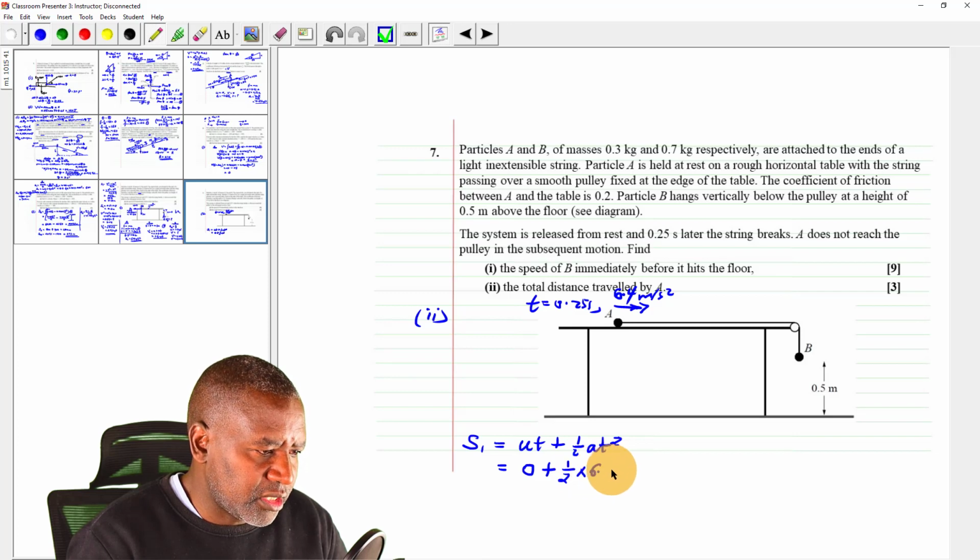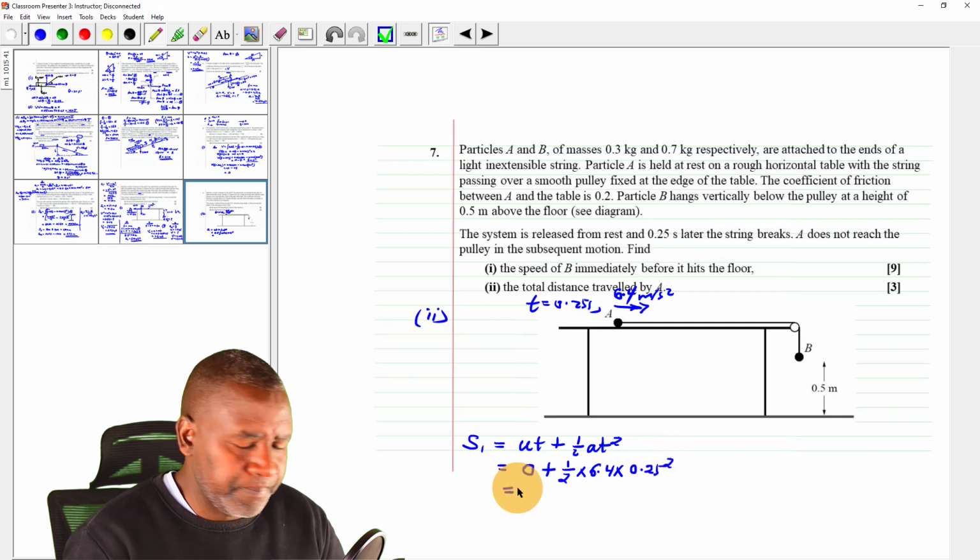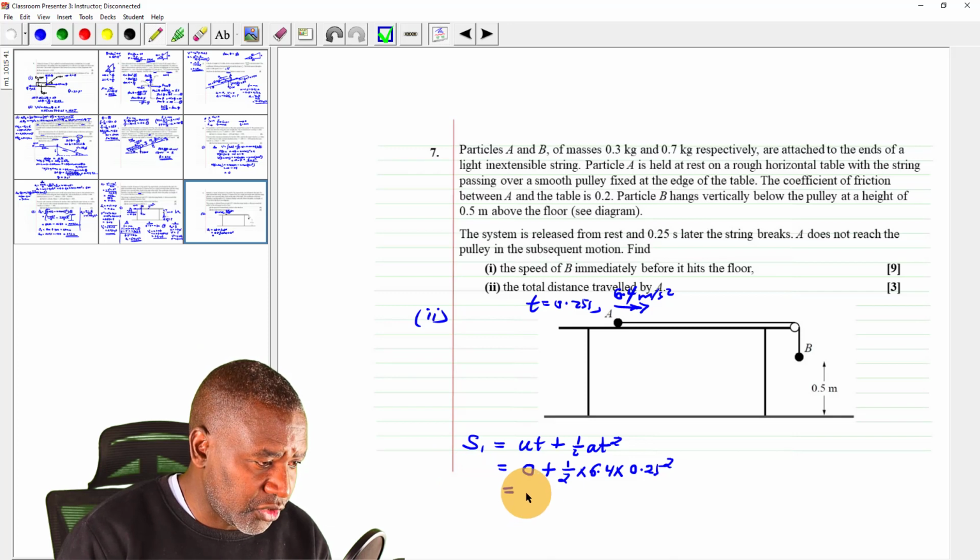So it will be a half times 6.4 times 0.25 squared. This is actually 0.2 meters.